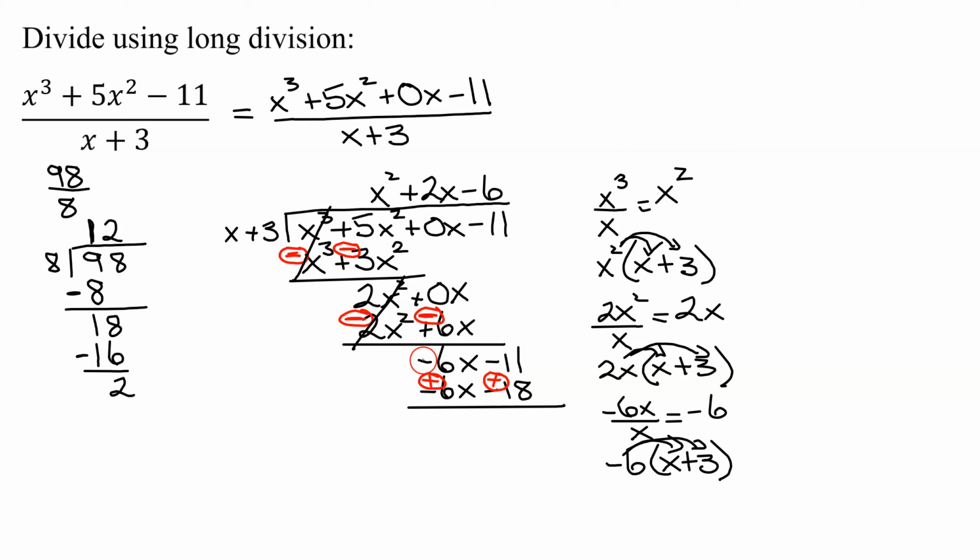And so I'm going to get negative 6x added to 6x. Those add up to 0. And then negative 11 plus 18 adds up to 7. So in this problem, 7 is the remainder, and my quotient is x squared plus 2x minus 6.